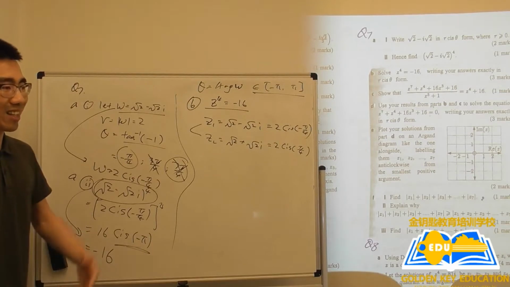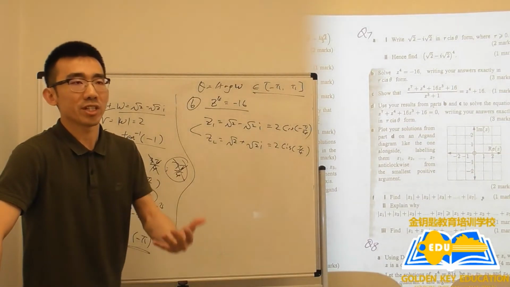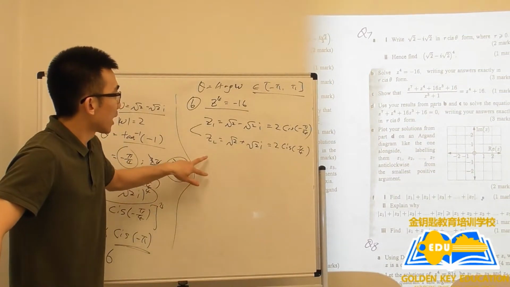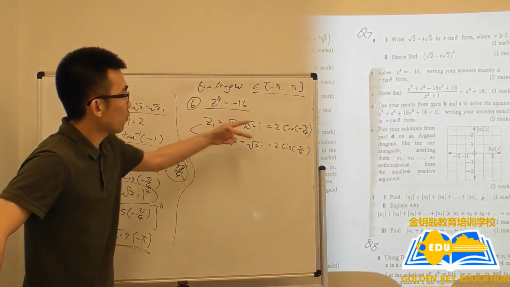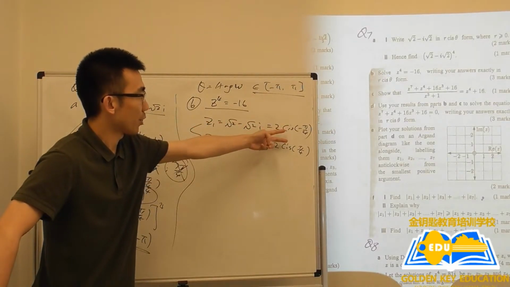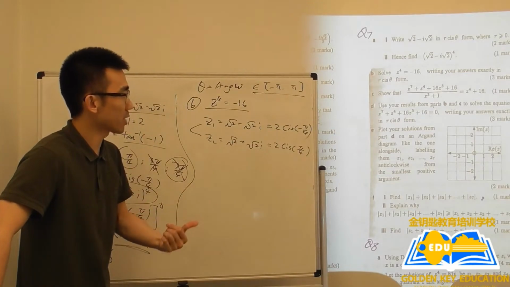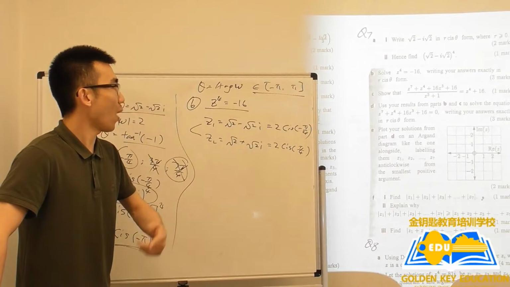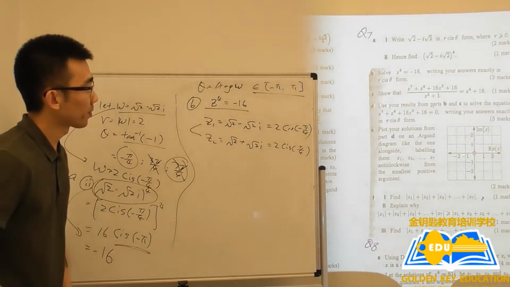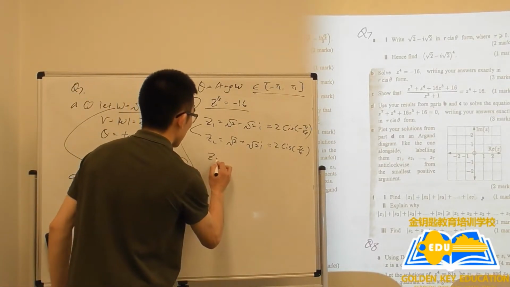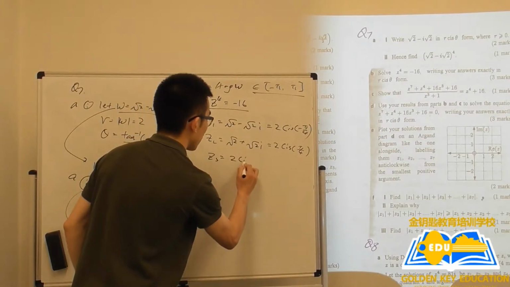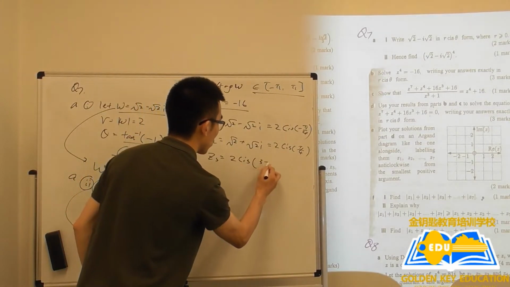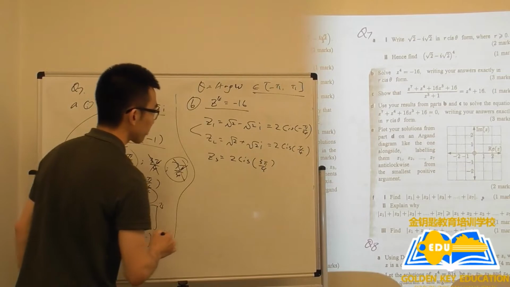That means the angle between Z1 and Z2 is pi on 2. Therefore, the angle between Z2 and Z3 must be pi on 2, because the full angle adds up to 2 pi. So Z3 must be 2 cis 3 pi on 4.